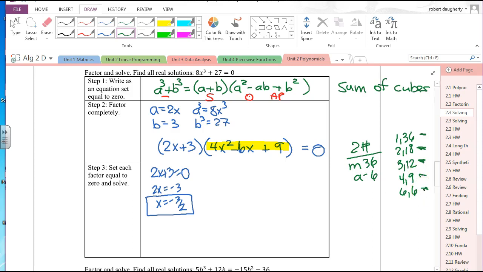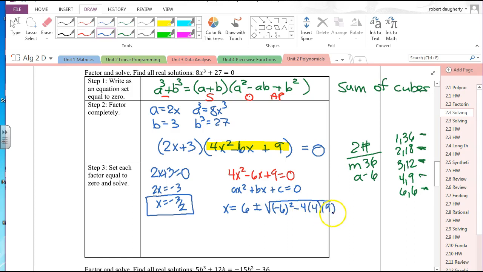Okay, so if I'm trying to solve this, 4x squared minus 6x plus 9 equals 0, there's another way we learned to solve something that looks like this. And that was our lovely quadratic formula. So x is going to be equal to negative b plus or minus the square root of b squared minus 4ac, all of that over 2a.